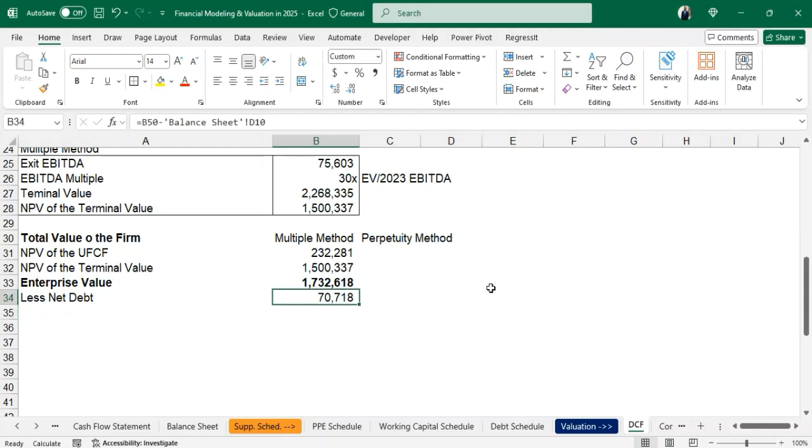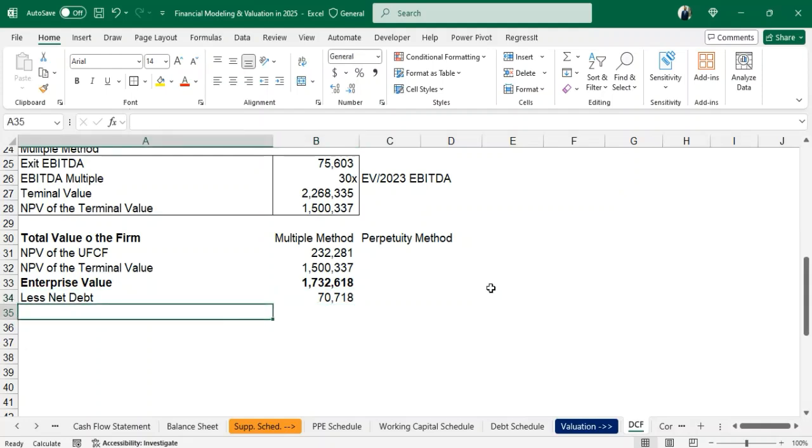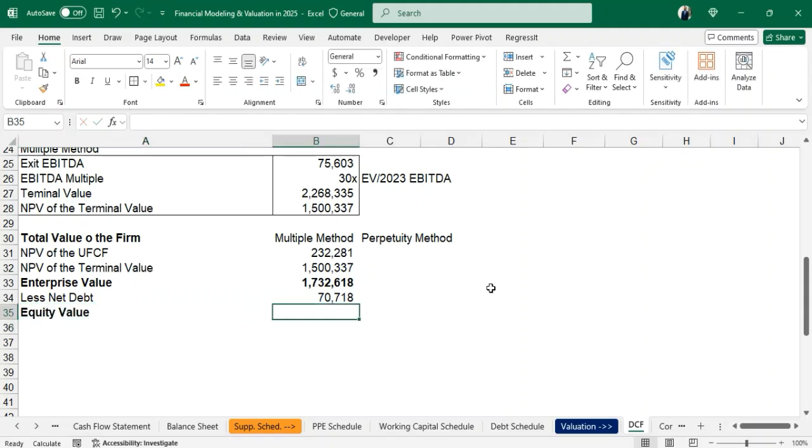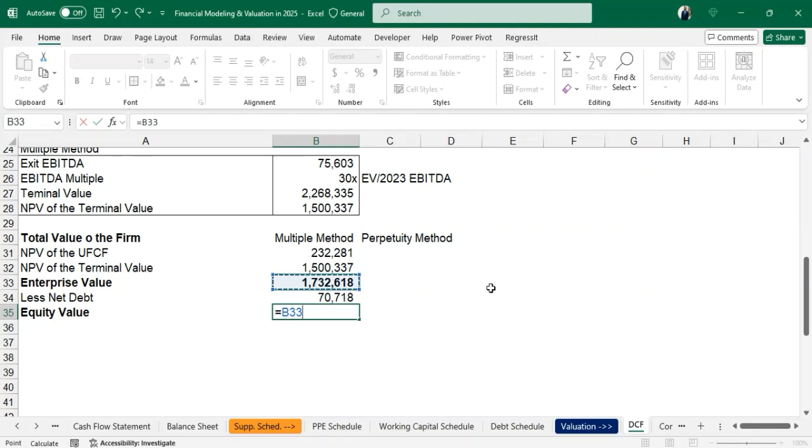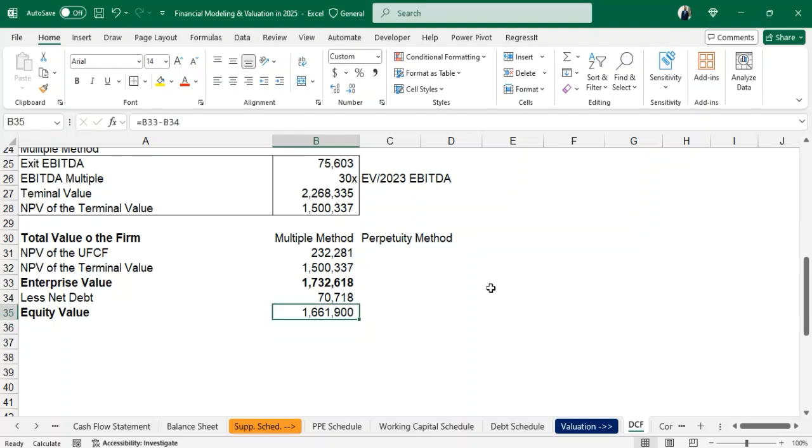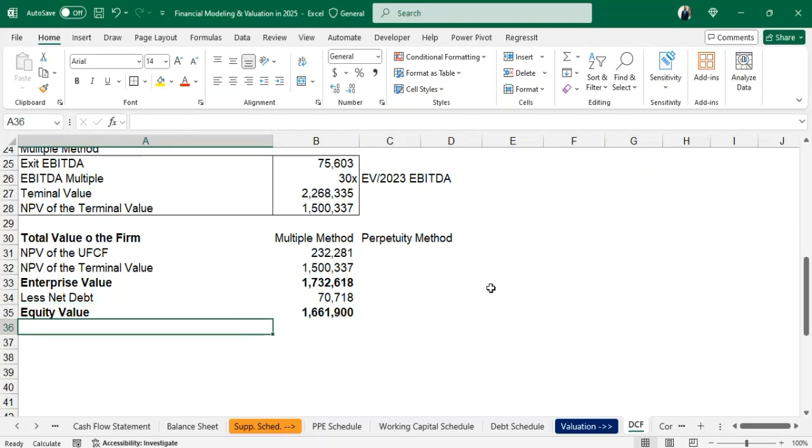So that is that. So with this, I can now have my equity value of the business, or of Amazon. So the equity value is going to be my enterprise value minus the net debt. I'll hit enter there. So this becomes our equity value as well. Then we can find the price per share.